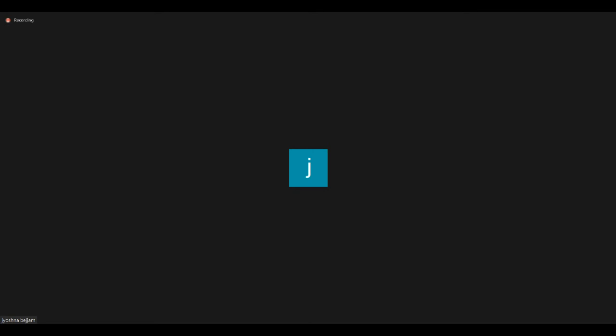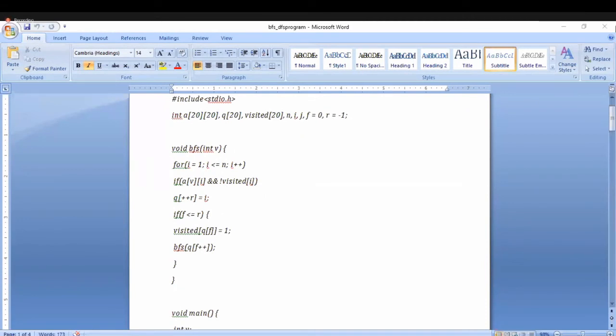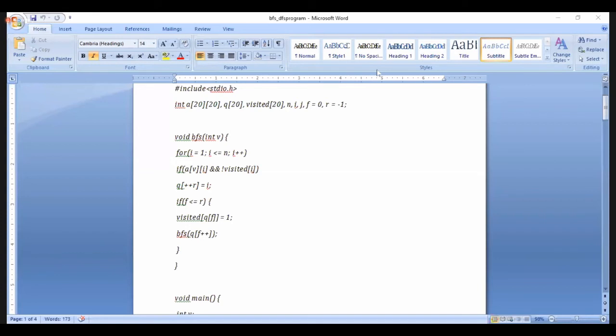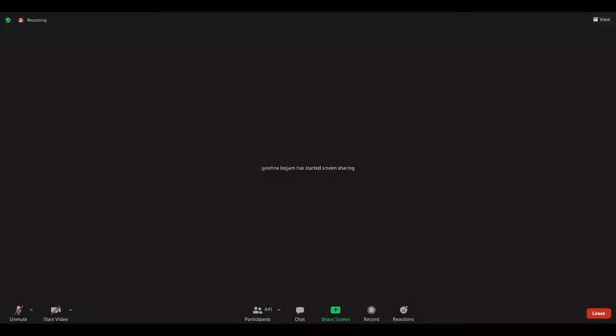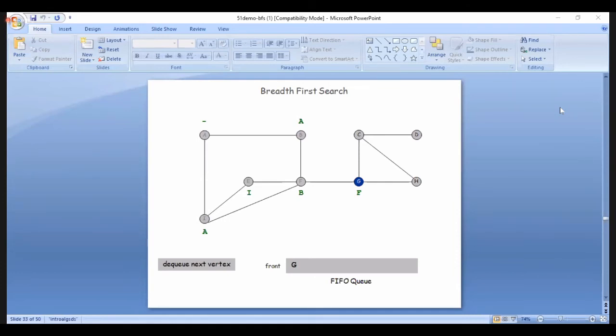I'll explain the program. Look at here, the question you raised here: how do we know the number of node links to be stored in the node?